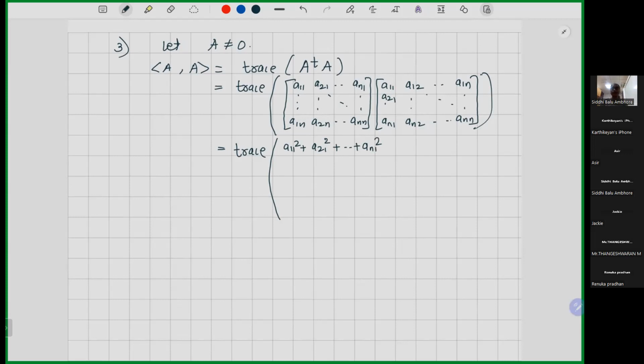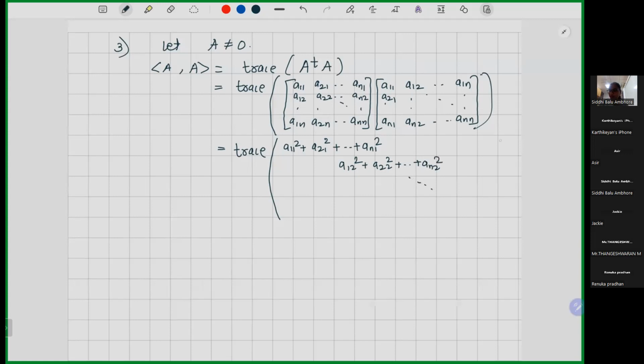What will be the second entry? Second row into second column. But the second row is what? Here it is A12, A22, so on, AN2. Then the 2,2 entry is A12 square plus A22 square, so on up to AN2 square.